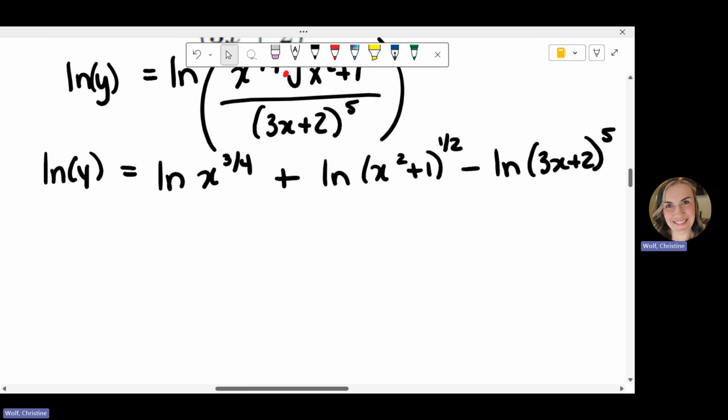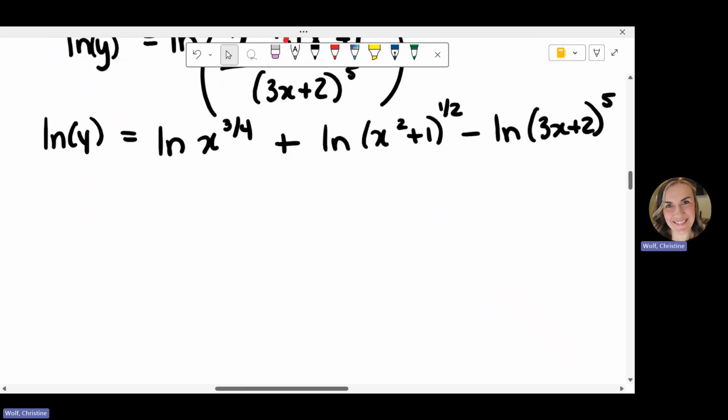Okay, so now we are not taking the derivatives yet. We are still in step 1. Step 1 is to completely simplify all the logs possible. So I have done the product and quotient law. And now I can see with what's left, I still have powers. So we still have some simplifying to do.